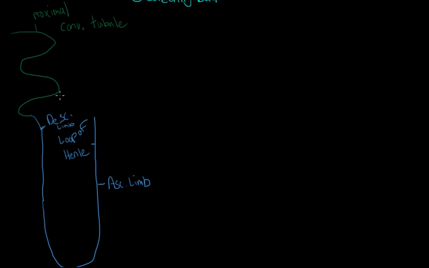And we can note here that the proximal convoluted tubule, we can take a step back here, is going to be made up of a cuboidal epithelium. So we try to refer back to this epithelial tissue on most of these things we've gone over. This is going to be cuboidal epithelium.